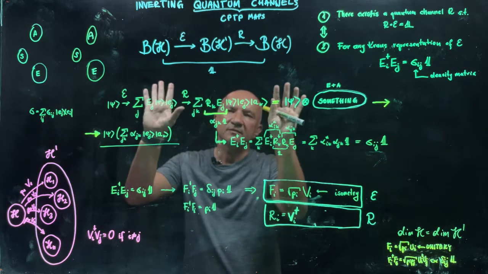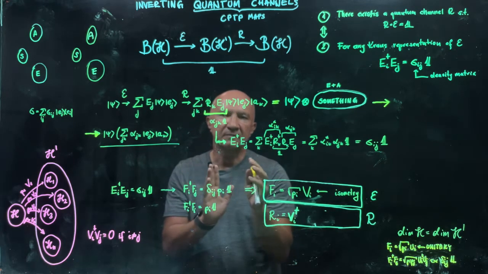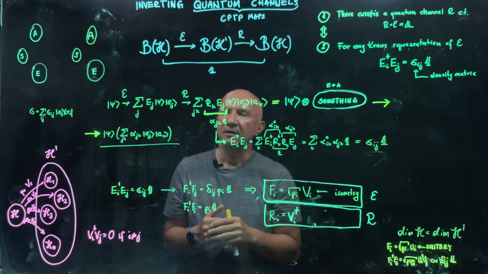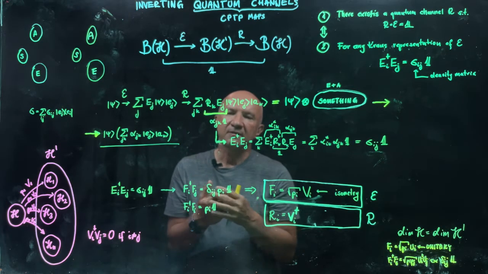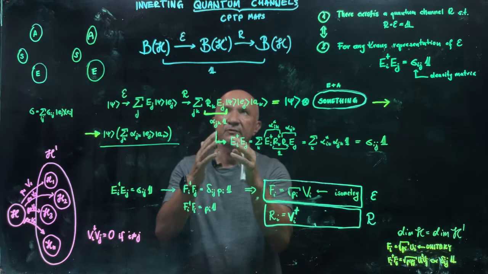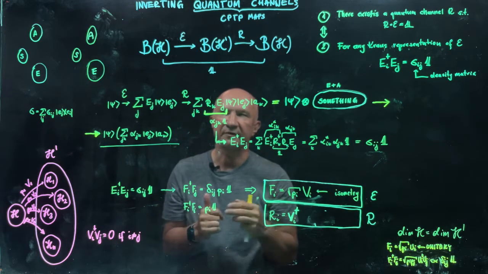So I will first take a more abstract approach, but we will talk about the physical intuition behind it. So imagine you have 2 completely positive trace-preserving maps. So those are 2 quantum channels. When I say quantum channel, I mean a completely positive trace-preserving map.